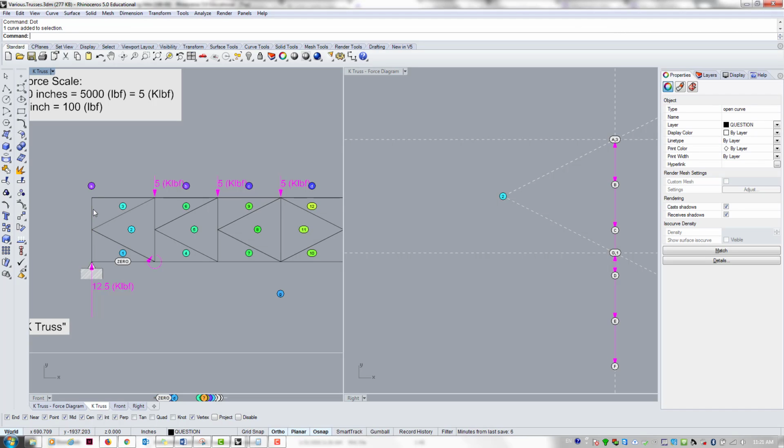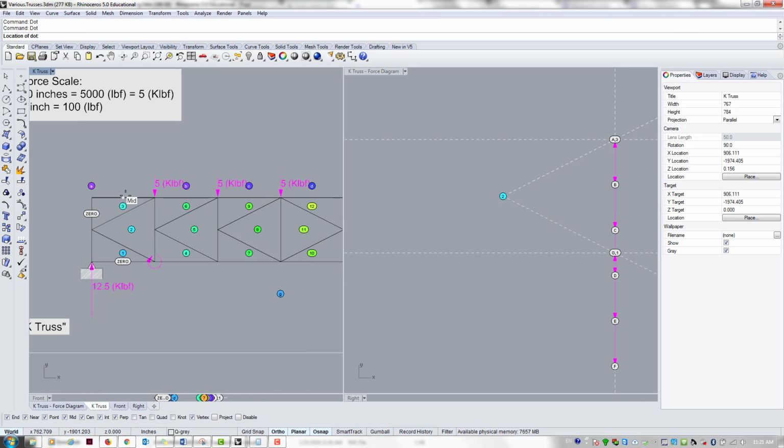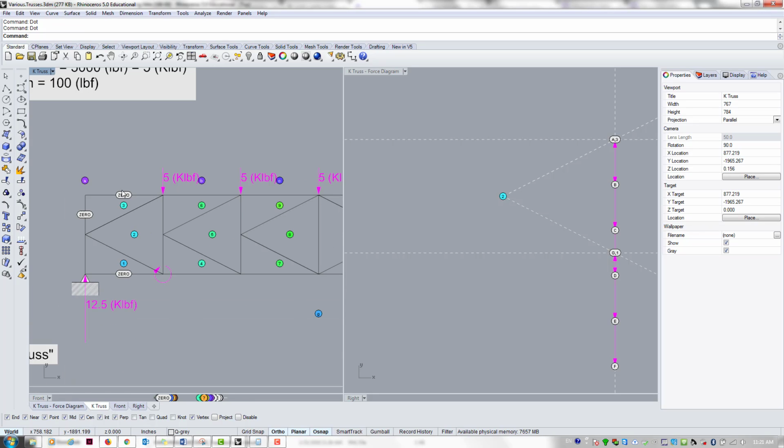This is 3A. 3A is also 0. So is A3. Yeah, so that's good to know.